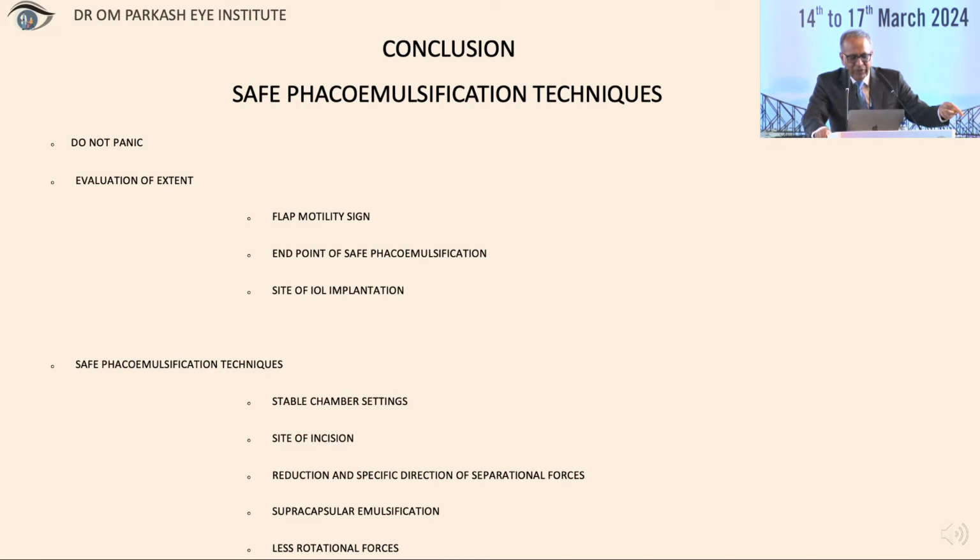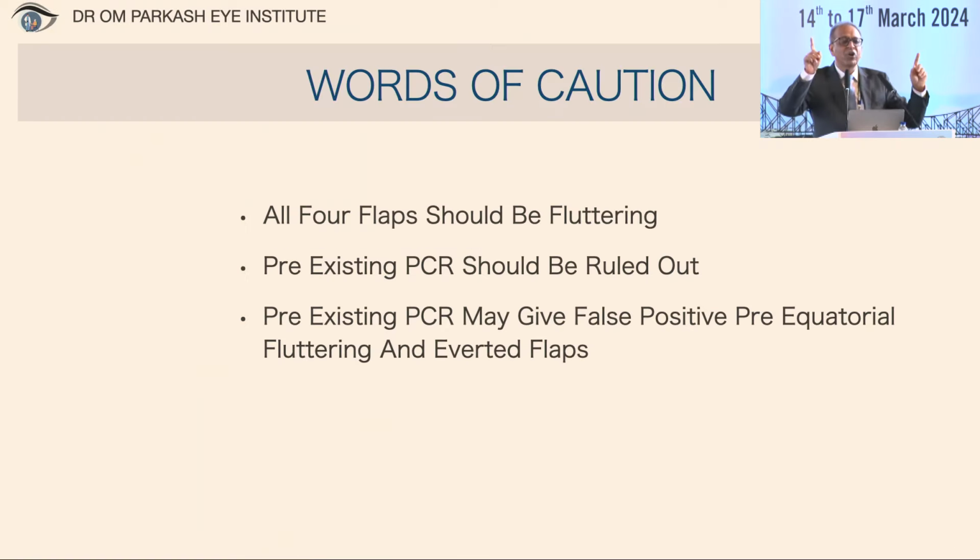Safe phacoemulsification techniques: stable chamber setting, site of incision, reduction and separation, and specific direction of separational forces, supracapsular emulsification, less rotational forces. Word of caution: it is not one flap which is important.